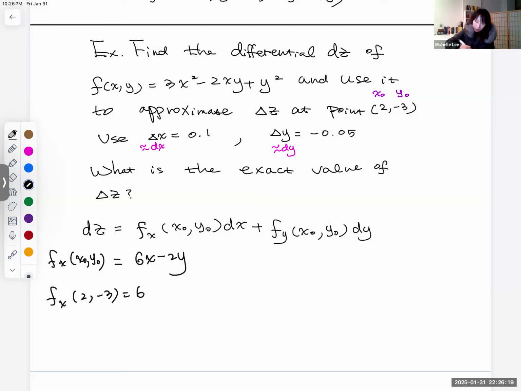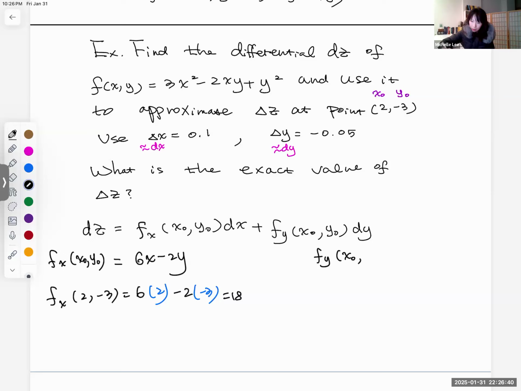So we have 6 times 2, minus 2 times y equal to -3, right? Can you please calculate? Which is 18. Good.